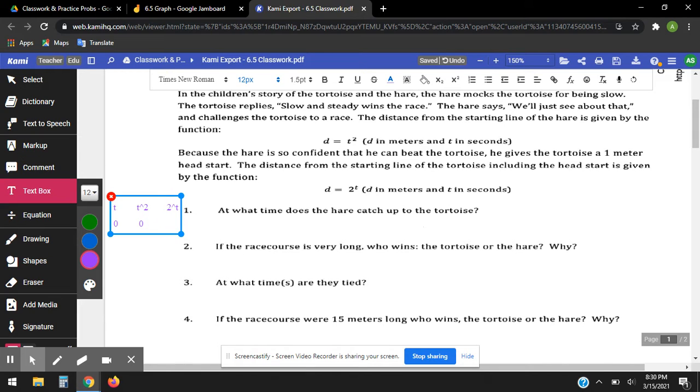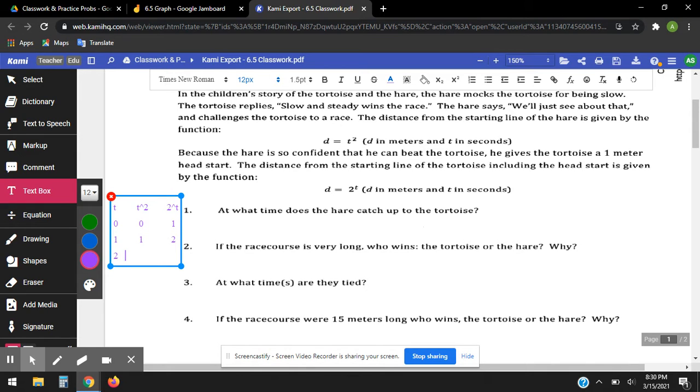And the tortoise is at 1, right? He gives him a 1 meter head start. At 1, 1 to the second power is 1, and 2 to the first is 2.